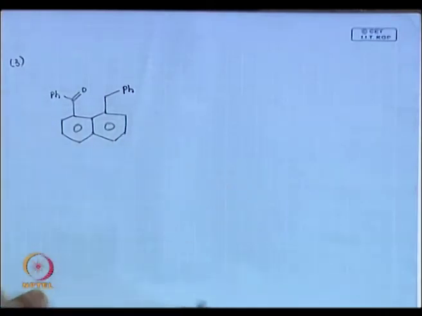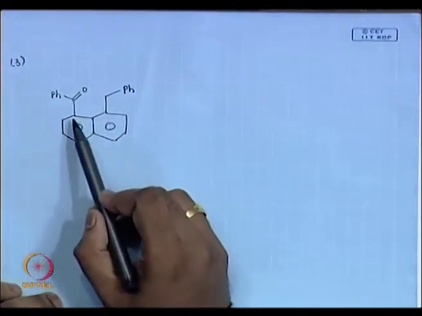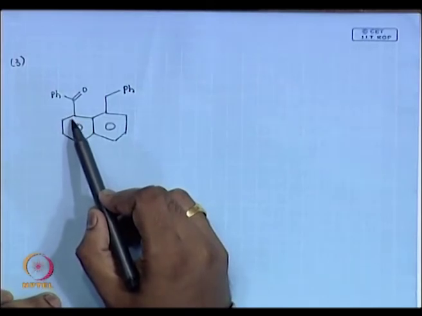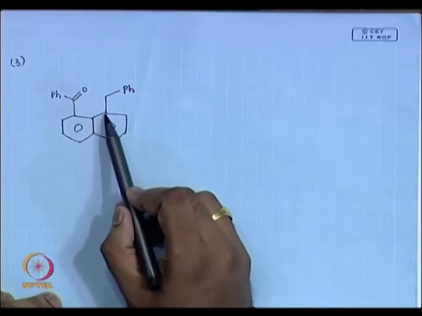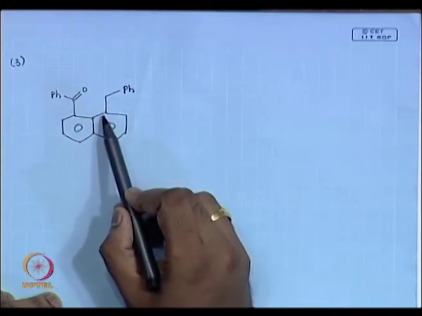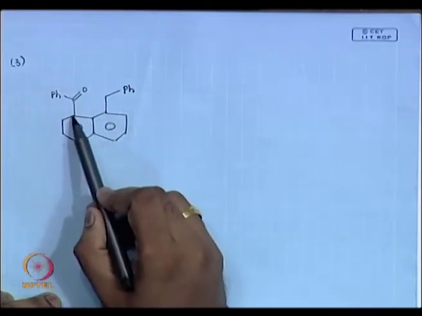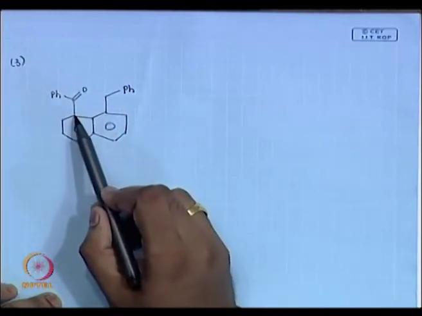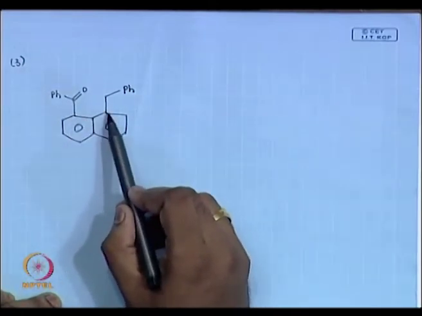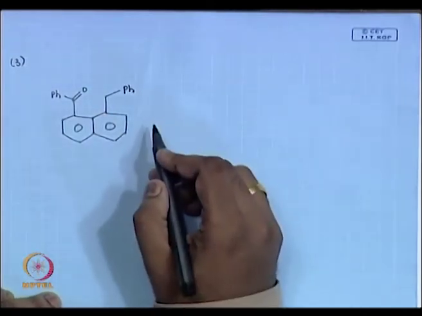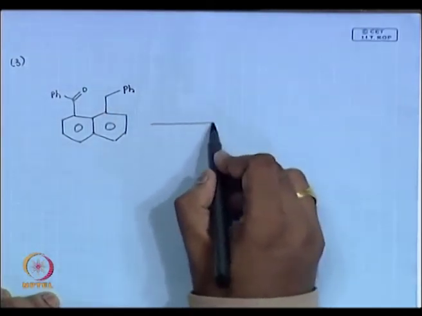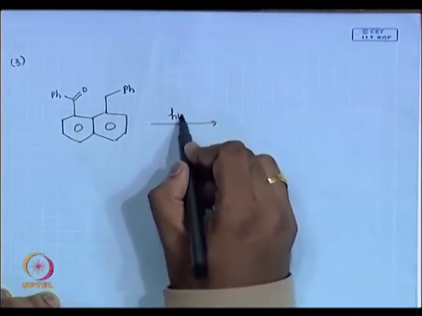So, I have taken a system, okay, alpha, there is no hydrogen to abstract, beta, gamma, nothing is there. So, I have my alpha, I cannot abstract this hydrogen, there is no hydrogen here. So, this is also not that facile to abstract. See, I do not have alpha, beta, gamma now. So, I take the system and photolyze it.